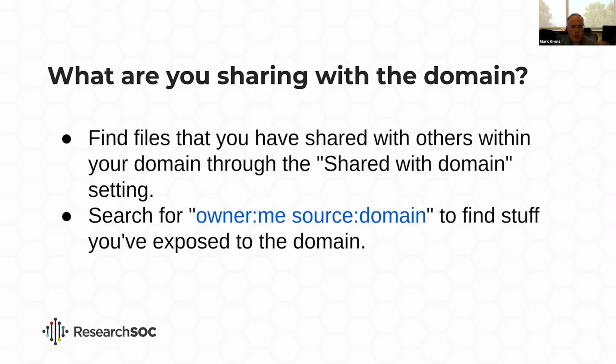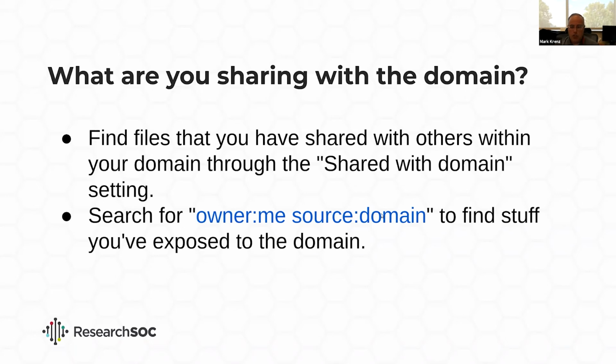So, what are you sharing with the domain? I talked before about how sharing files with the domain can be a problem. What about if you want to check to see what you've shared with the domain? You can search in the Google Drive UI in the search bar, say owner:me space source:domain to see if anything shows up.